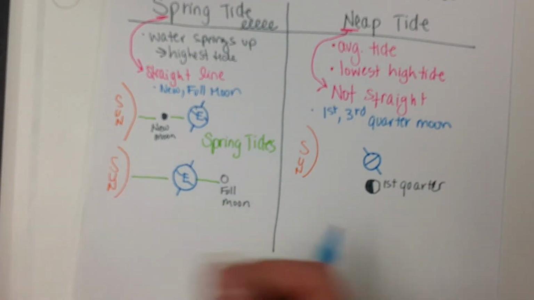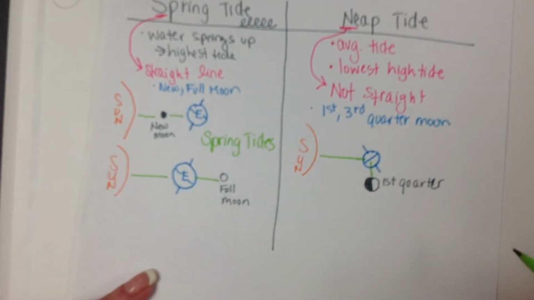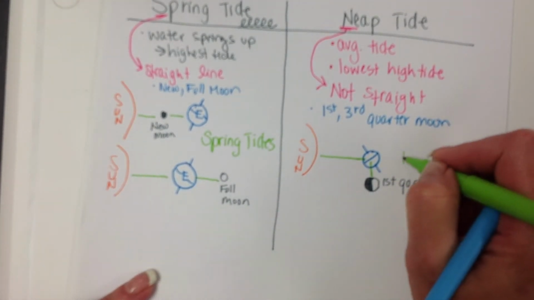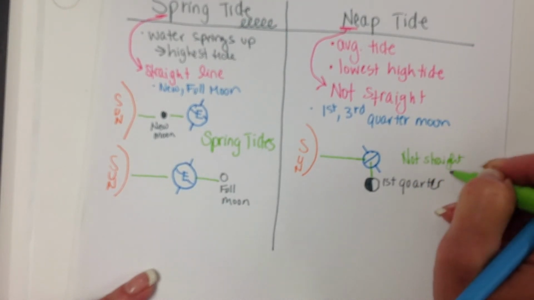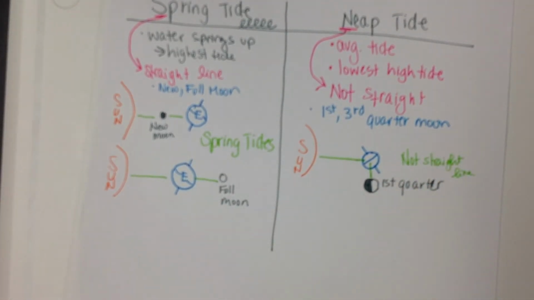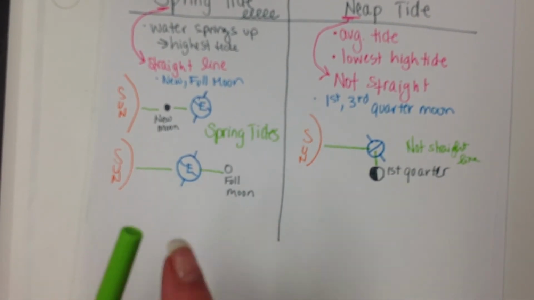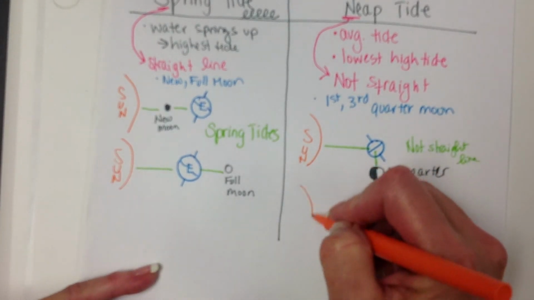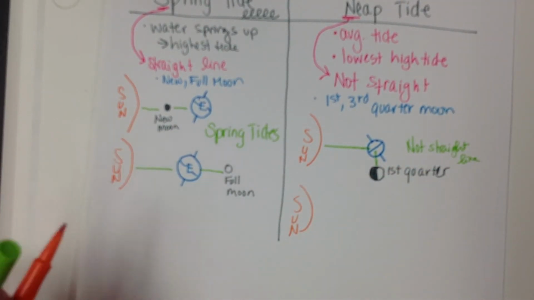Now look at it. It is not straight. Now we have the sun here and the moon here. So they're perpendicular, not a straight line. Not a straight line for neap. Let's do the third quarter. And our earth.